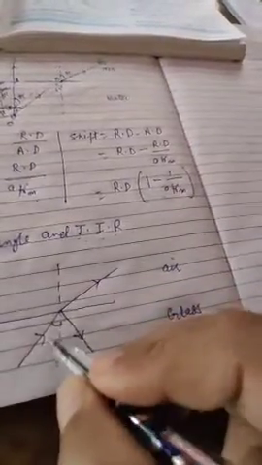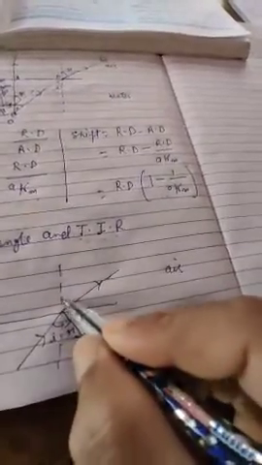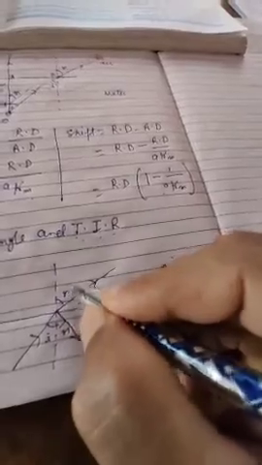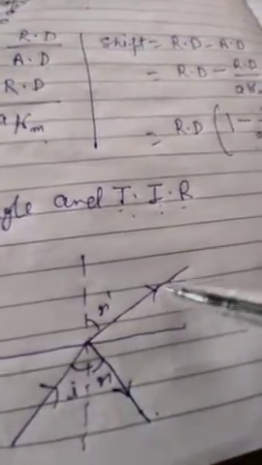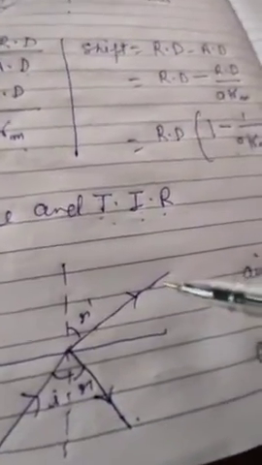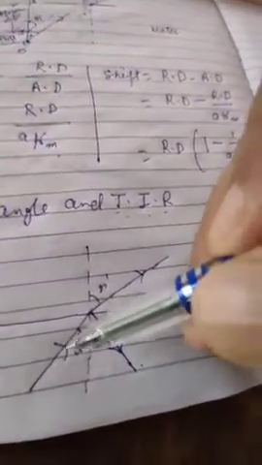So this is the angle of incidence, this is the angle of reflection, and this is the angle of refraction. You can take it as R dash. So partially it gets reflected and partially refracted. Students, just see what happens if we keep on increasing the angle of incidence.